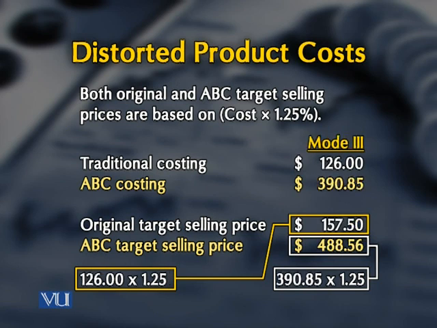And in case of model 3, you can see you are charging 157 and the costing says 488. So it means you're losing over there because you're supposed to sell it at 488 but you're selling at 157. The possibility is there that you may not be covering your cost in that case.